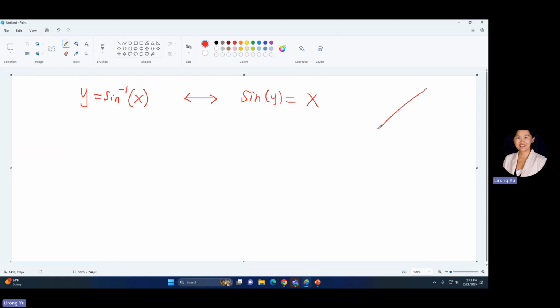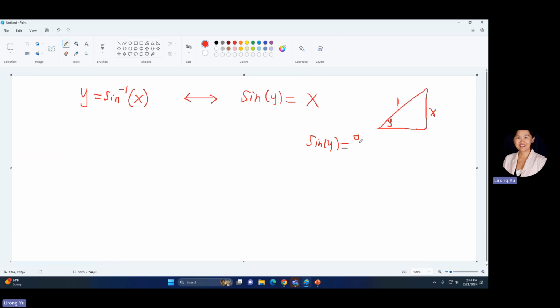So in this triangle here, the y is an angle, and sine of this angle equals x. Assuming this is a 1, let's try to make it easy. Sine equals opposite over hypotenuse. The hypotenuse equals 1, so this must be the x.